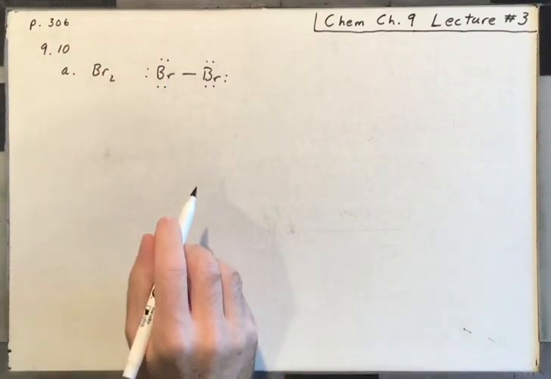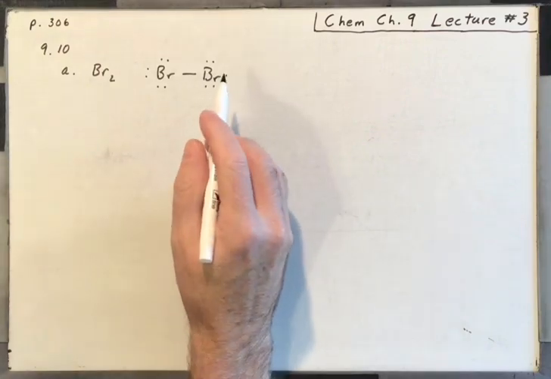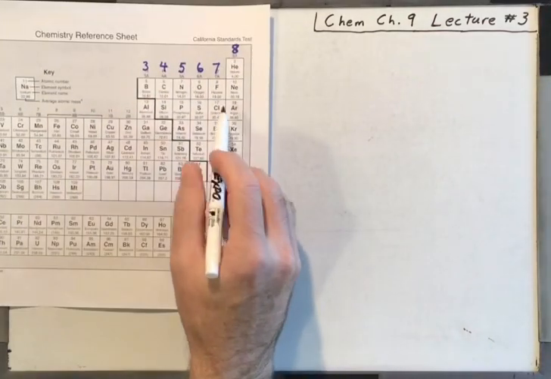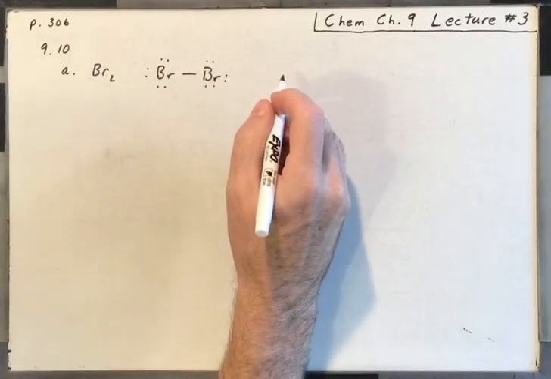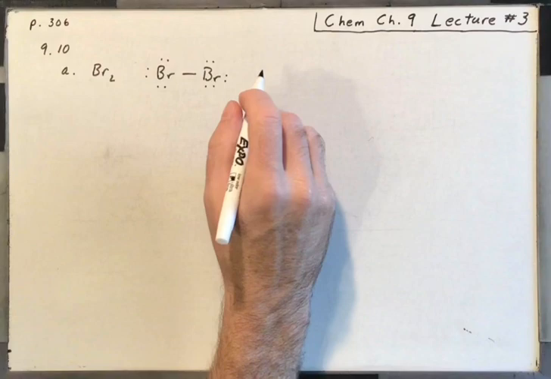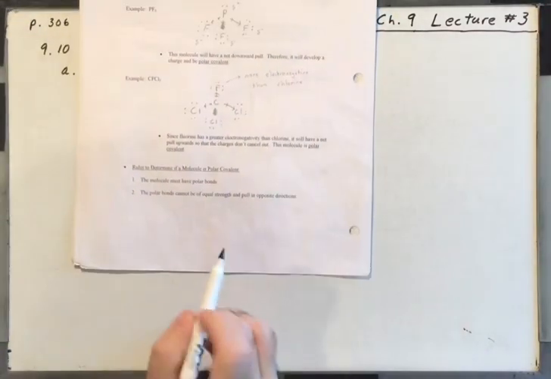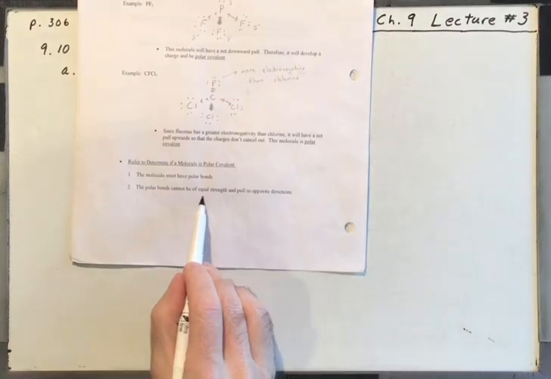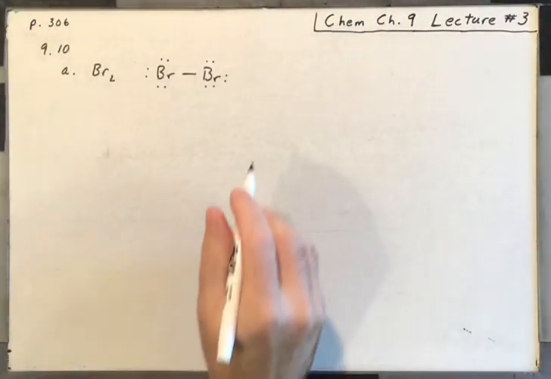So since it's the same atom, they will have an equal tug. Okay, they have the same electronegativity. So they cancel. If you look back on the last page, the polar bonds are of equal strength. So they cancel each other out.